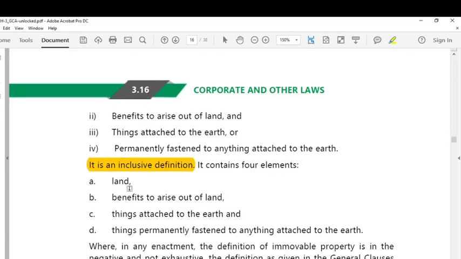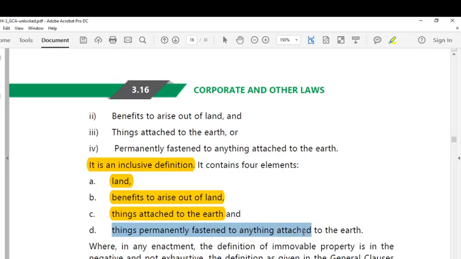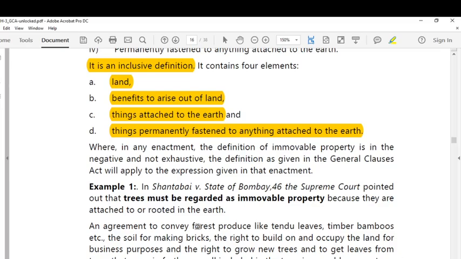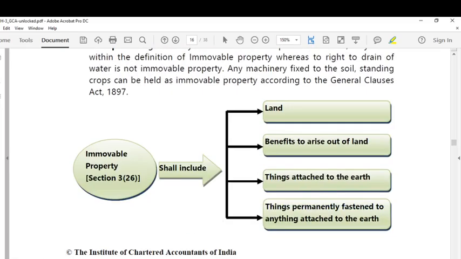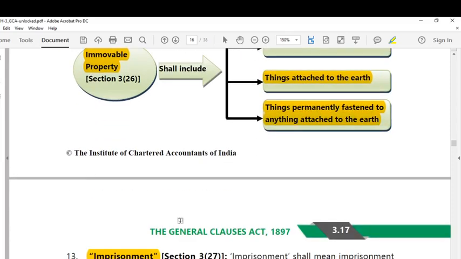It contains four elements: one is land, benefits arising out of the land, things attached to that land, and things permanently fastened to anything attached to the earth, which are considered as immovable property. Right? See here, immovable property includes land and benefits arising out of land, things attached to the earth, things permanently fastened to anything attached to the earth.